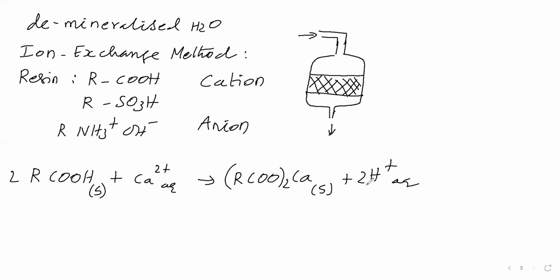H plus goes to water, calcium ions enter the resin. This is called exhausted resin. Now the water that came out of the cation exchange resin does not contain cations except H plus. In the water, the only cation is H plus.